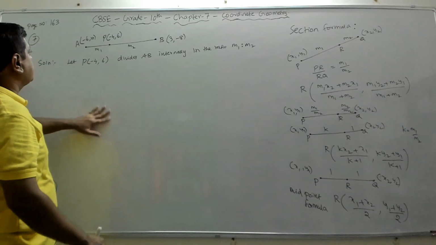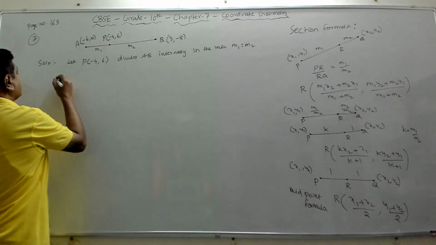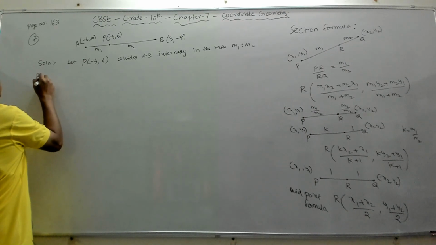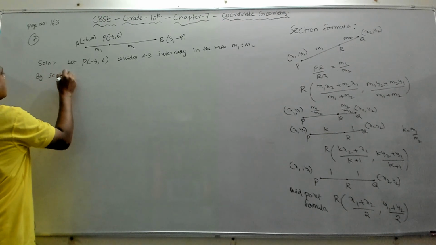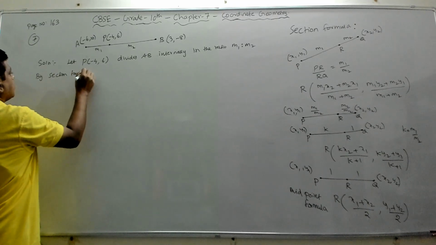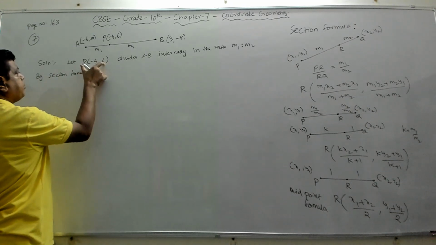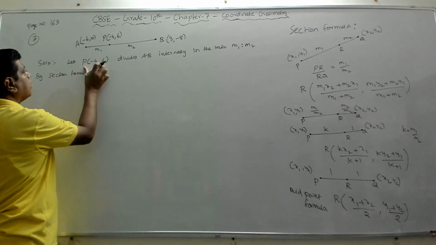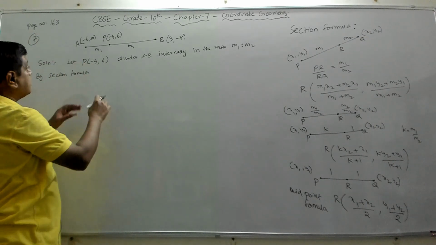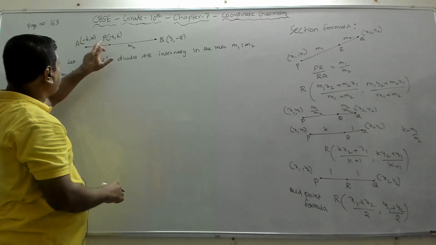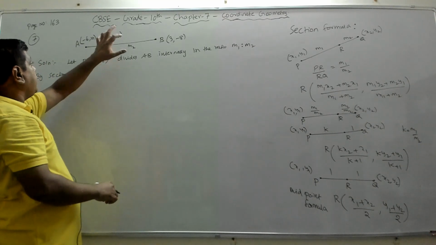So now, this point we know, which is minus 4, 6. Now by section formula, what we have is this point P, which we can find using the section formula.